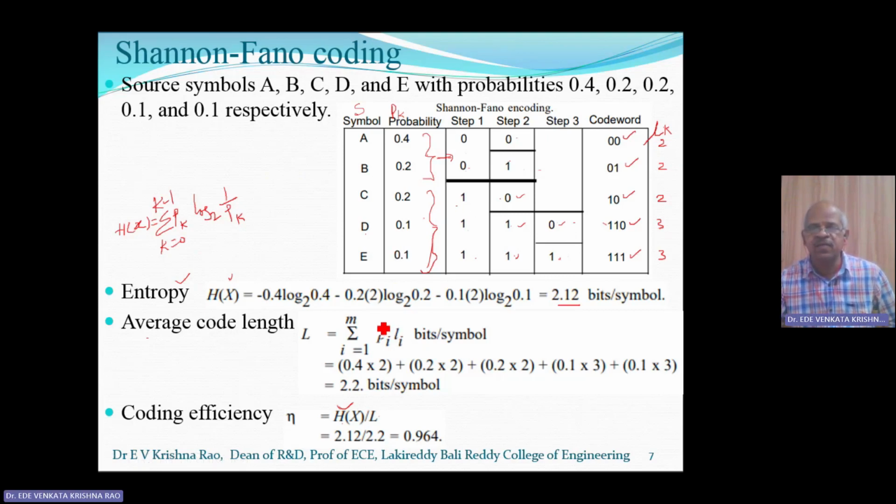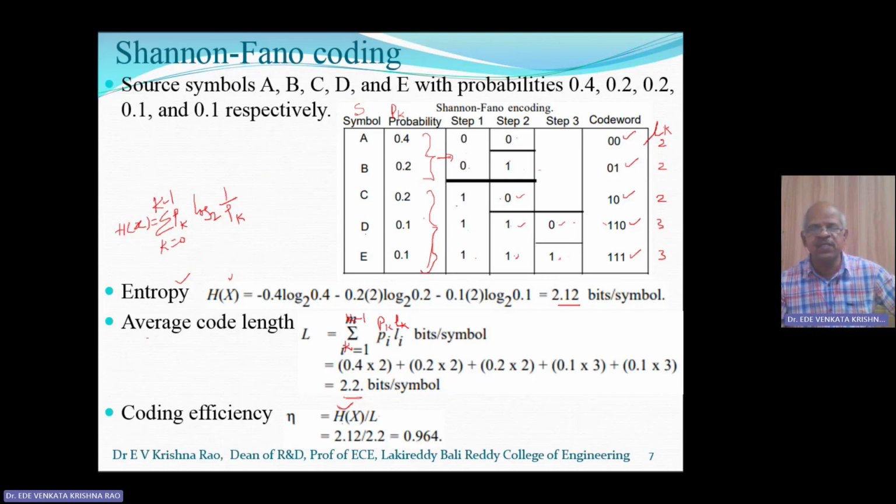In place of I, you can take P k, L k, any notation, with k equal to 0 to M minus 1. So 0.4 multiplied by 2, 0.2 multiplied by 2, and 0.2 multiplied by 2, and likewise we get the summation of 2.2 bits per symbol.